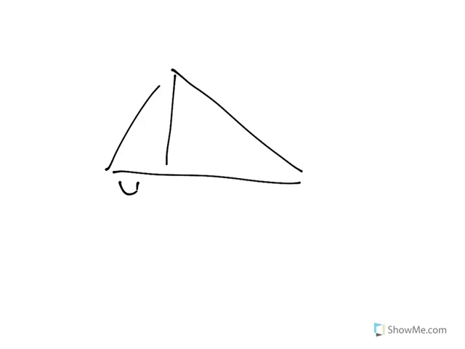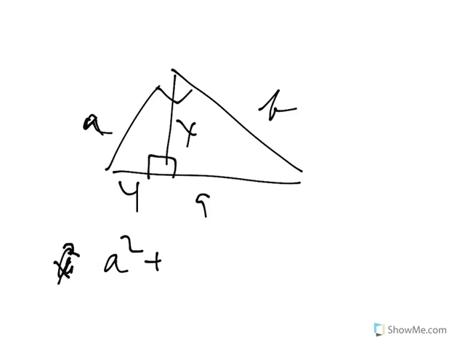This can also be done with the Pythagorean theorem, although it's a little bit harder. I'm just going to call this a and b. Let me start over: a is the hypotenuse.